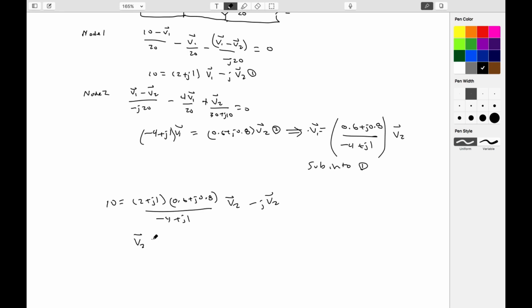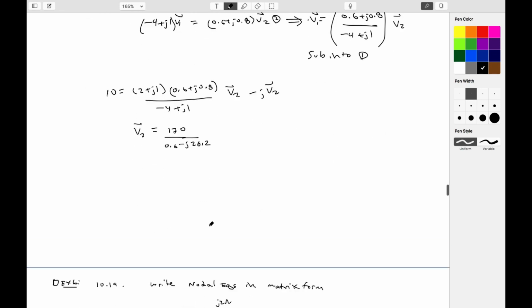So V2 is going to equal 170 over 0.6 minus j26.2. Alright, so this is my new source voltage.